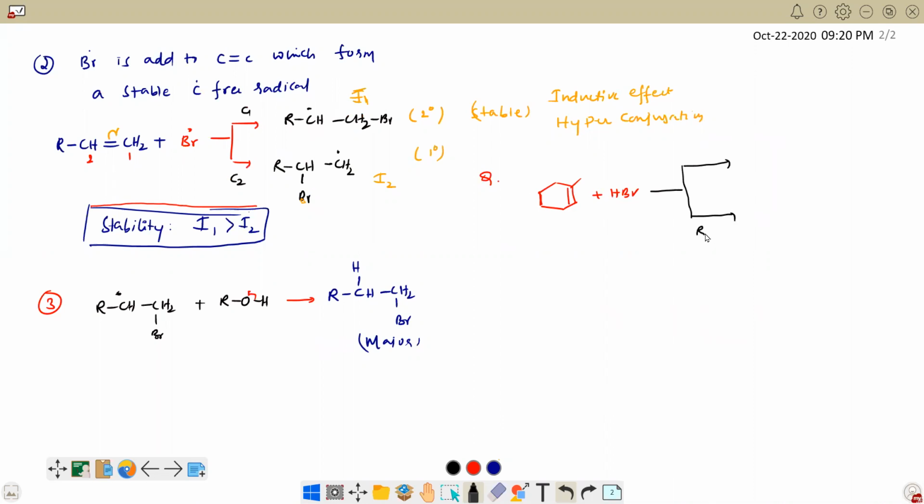They give it like this, R2O2, that means it is a peroxide. And do remember one more thing: radicals do not undergo rearrangement.